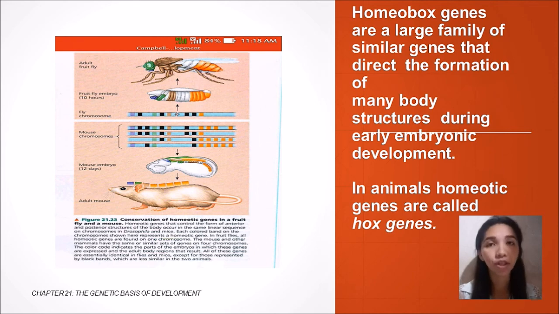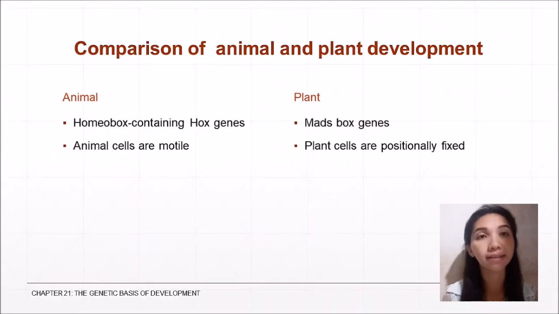I have here a comparison of animal and plant development. It was said that the common ancestor of animals and plants was unicellular.